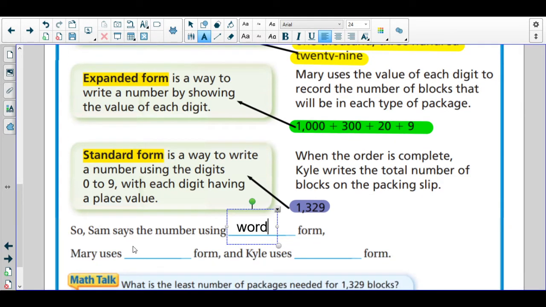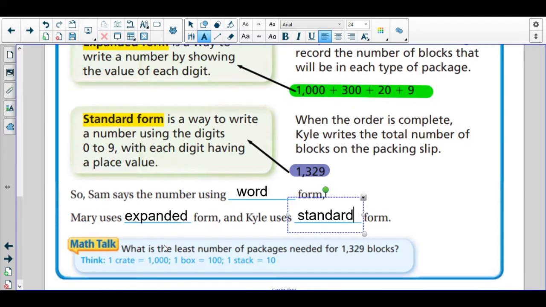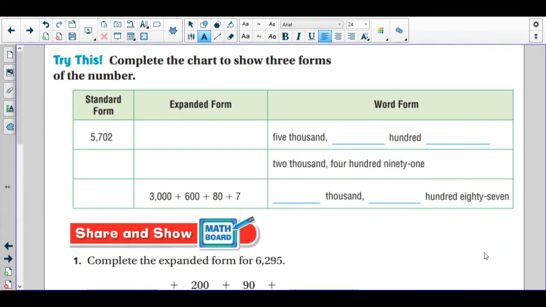Mary uses expanded form, and Kyle uses standard form. All right. So good stuff there. Let's go ahead and move to the next page.